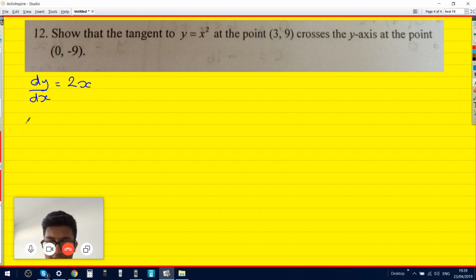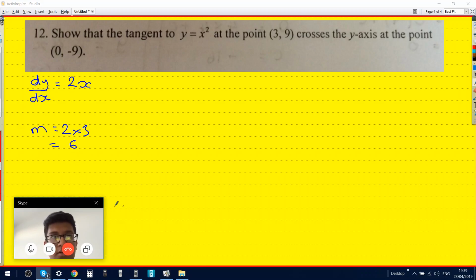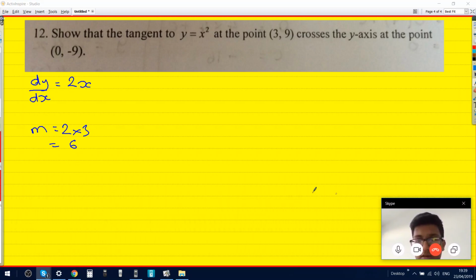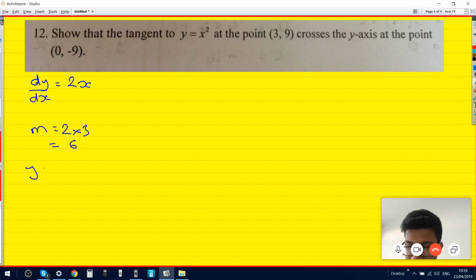So that's just 2 times 3 at that point, is 6. Y equals mx plus c. And then 9 equals 6 times 3 plus c, so therefore c must be minus 18. So y equals 6x minus 18.